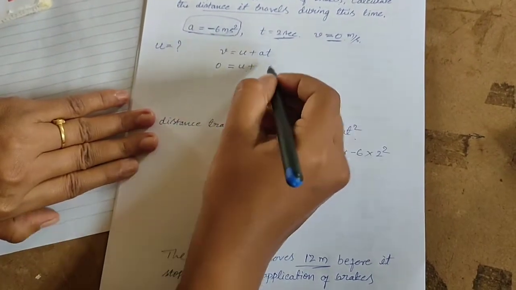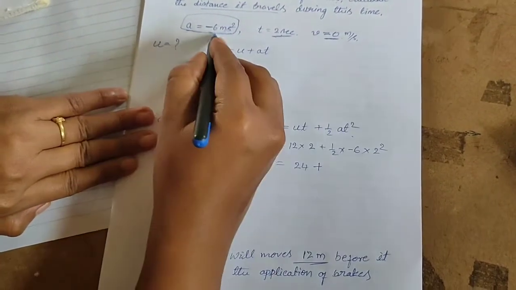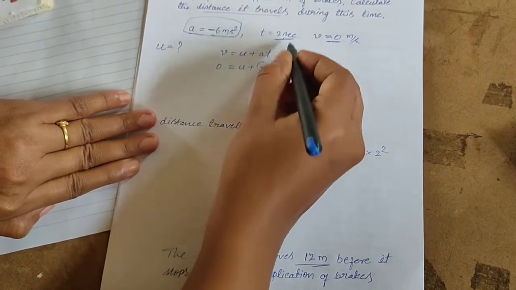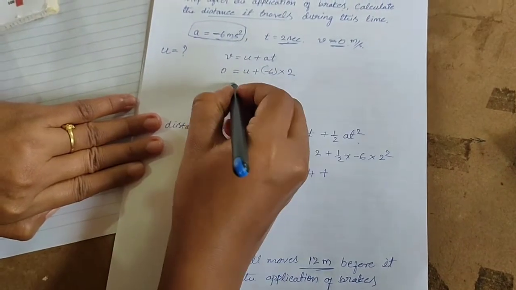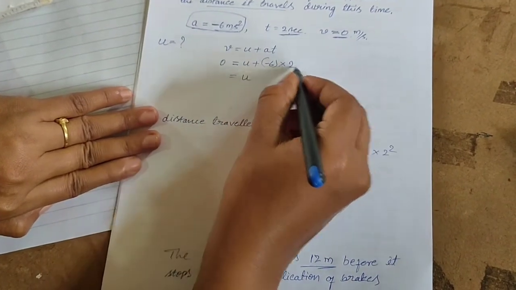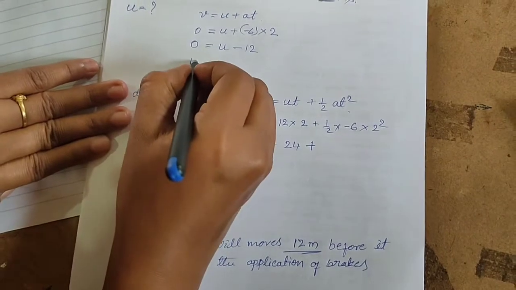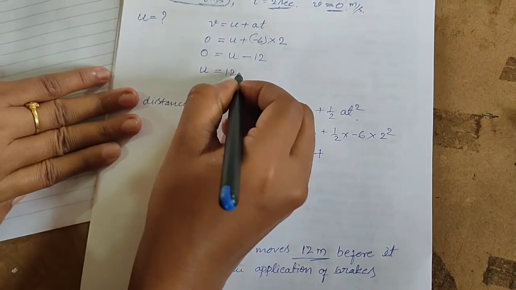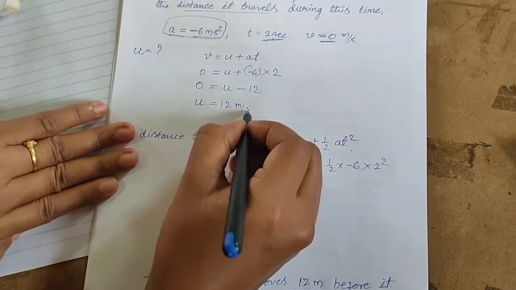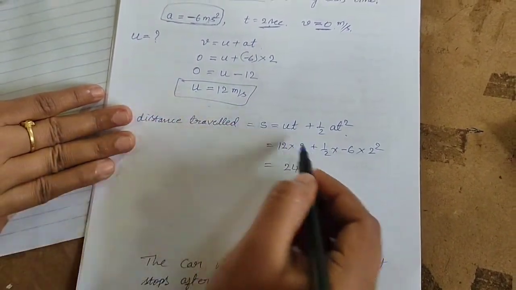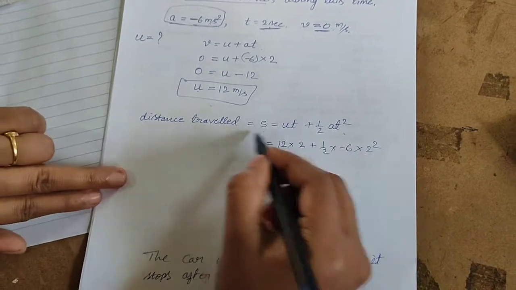I don't know the value of u. What is a? a is given, that is minus 6, into t, time is given 2. So u - 6 into 2, u - 12 = 0. Therefore u equals 12 meter per second. Okay, so now using this u value, I want to find the distance travelled.